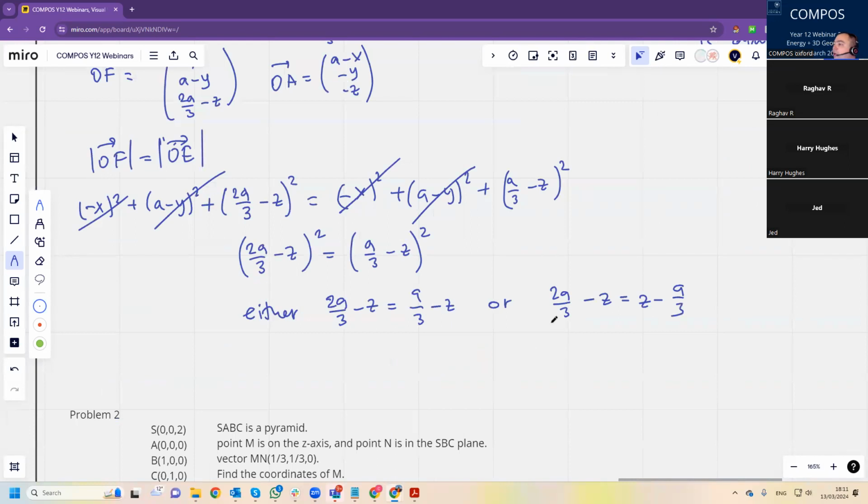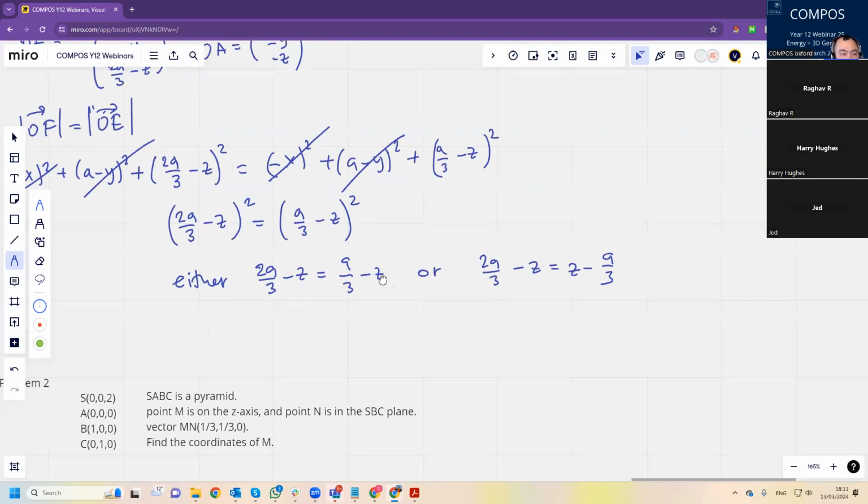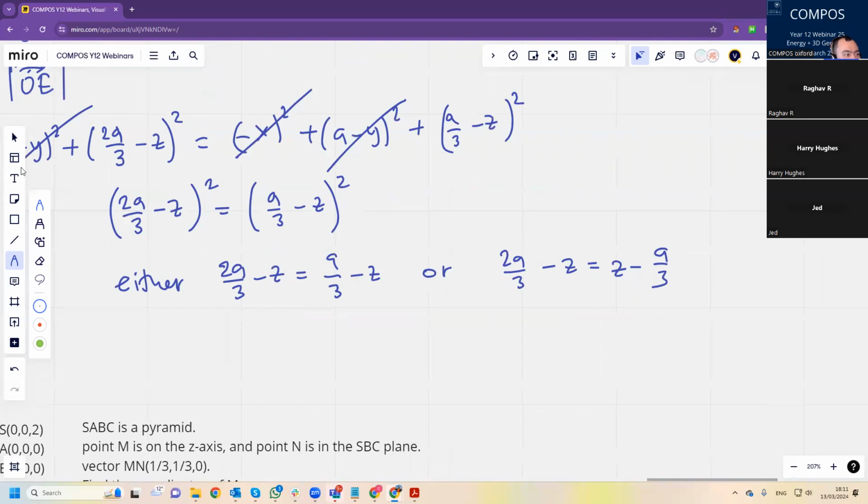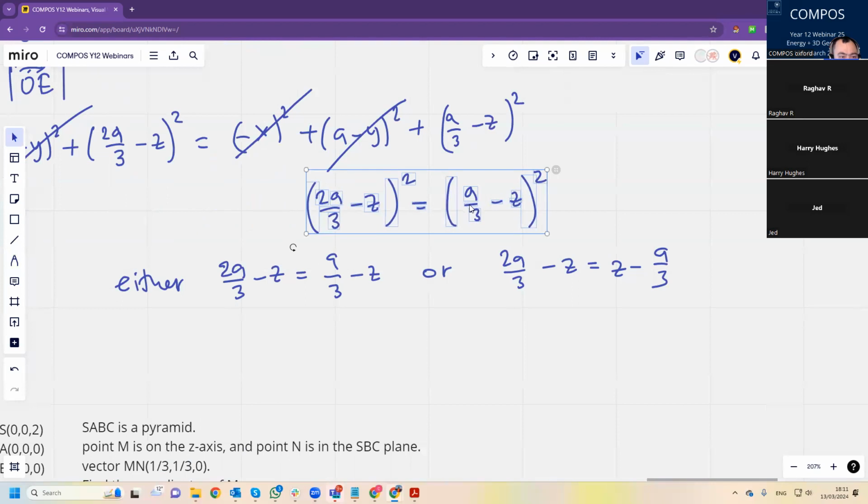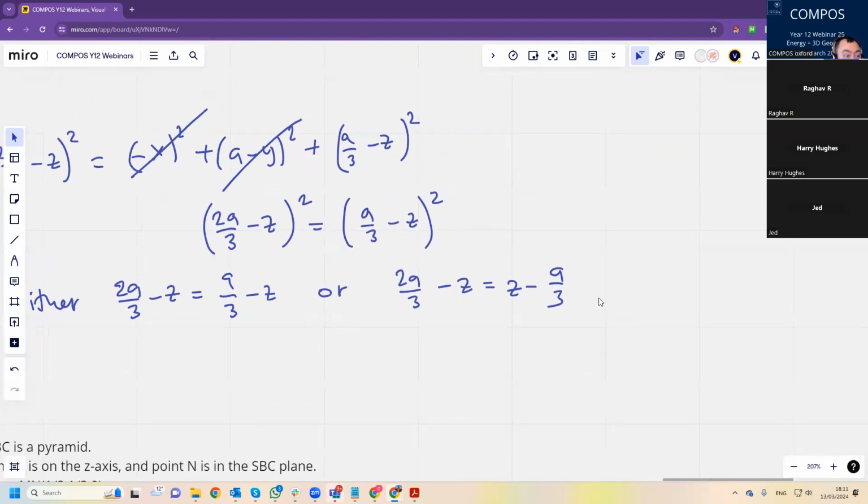Does everyone understand how this follows from here? Yes, you're taking the square root, and you need to take the positive and the negative versions, because if a squared equals b squared, that either means a equals b or a equals minus b.